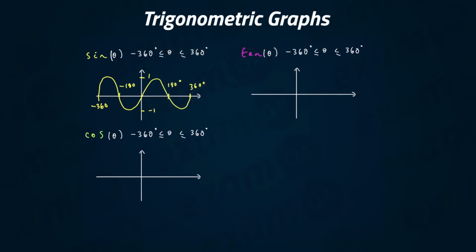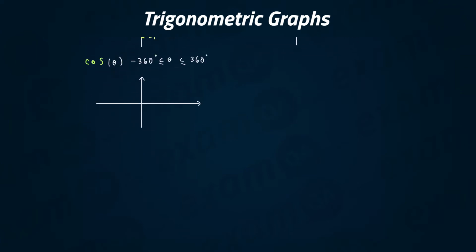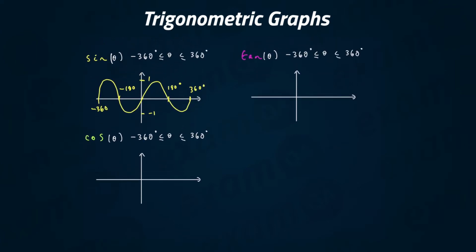Let's go to cos theta now. So cos theta is a bit different. We're going to start from 1 instead. We're going to start here and we're going to go down and back up. Notice how I didn't go through the middle. You go sort of quarter way through the line, if you like to call it like that.